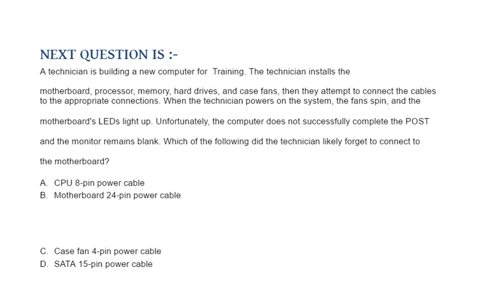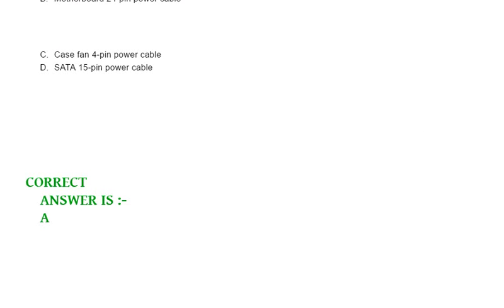Which of the following did the technician likely forget to connect to the motherboard? Option A. CPU 8-pin power cable. Option B. Motherboard 24-pin power cable. Option C. Case fan 4-pin power cable. Option D. SATA 15-pin power cable. Correct answer is option A.